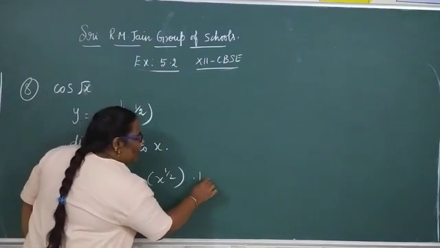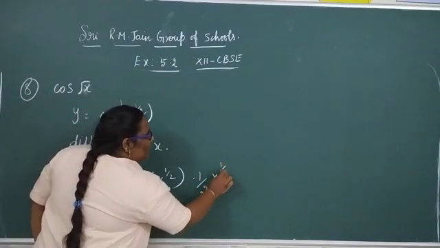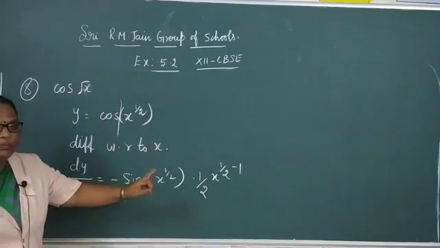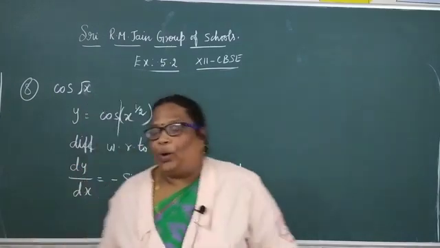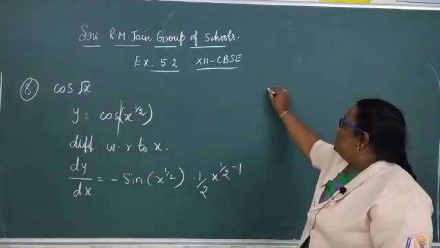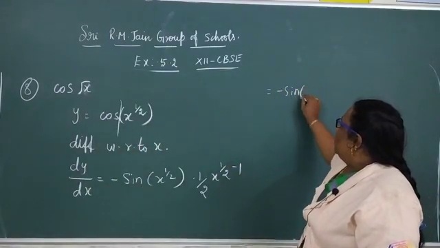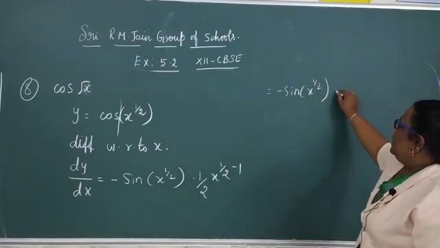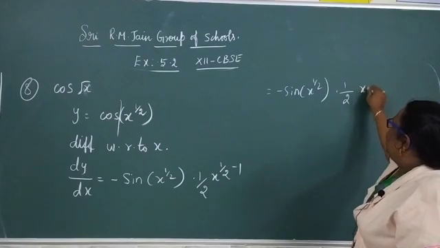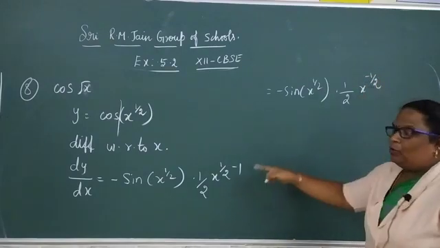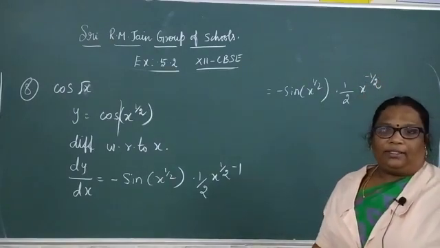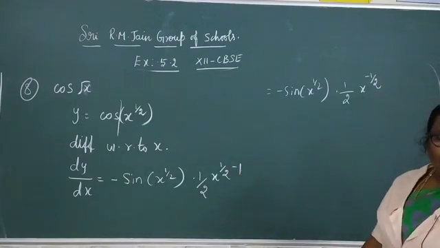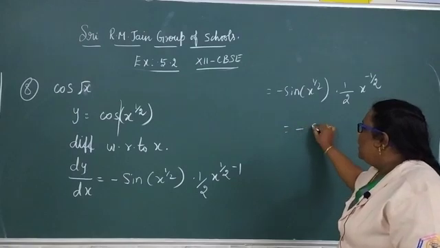So what is the formula? n into x power n minus 1. So it gives minus sin of x to the power 1 by 2 into 1 by 2 into x to the power minus 1 by 2. You take the LCM; I have done it in the previous sum. So what is the value you are getting?